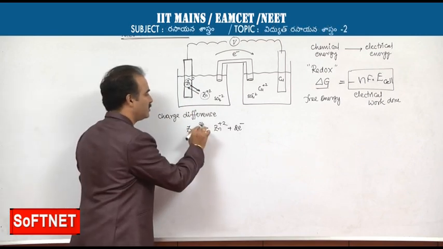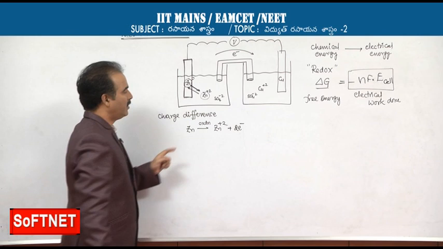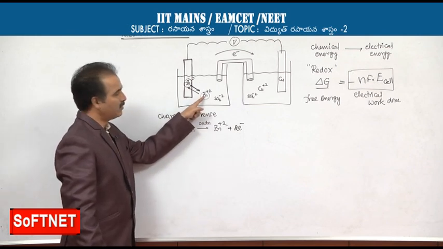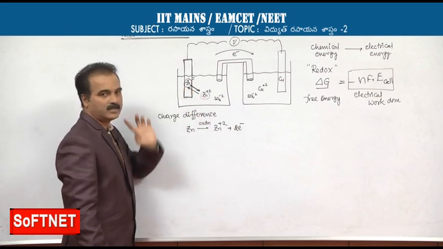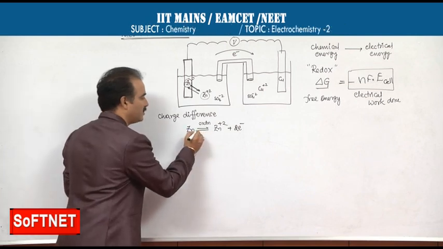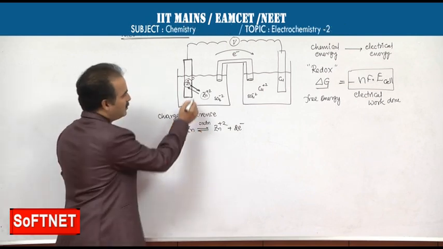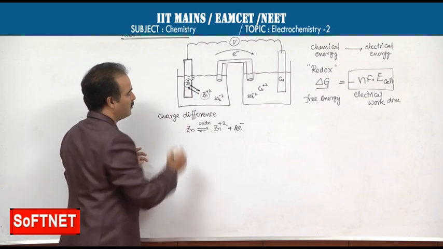So, this is an oxidation reaction. And next, zinc +2 from solution takes up 2 electrons and deposits as zinc. So, this is the reverse reaction that is possible. So, this is reduction of zinc +2.